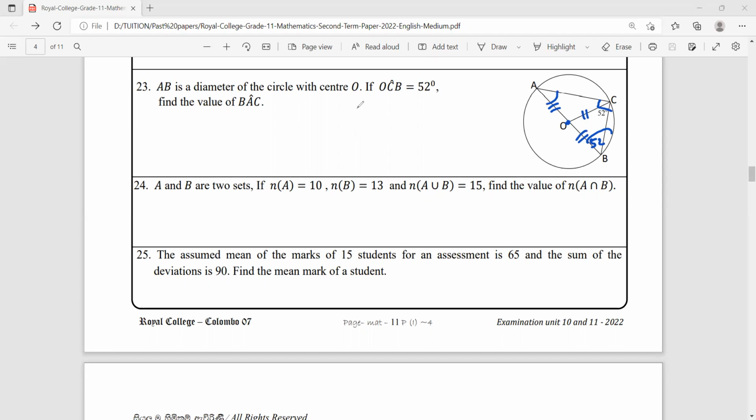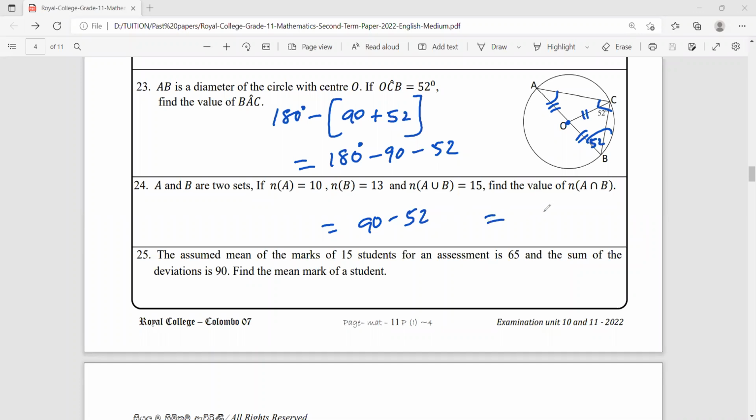BAC is equal to 180 minus (90 plus 52). This is 90, so you take minus 90 and minus 52. This is 38. So you can say BAC is equal to 38 degrees.